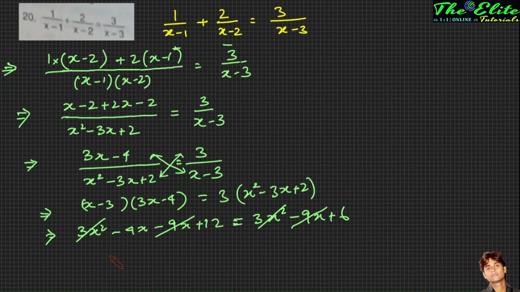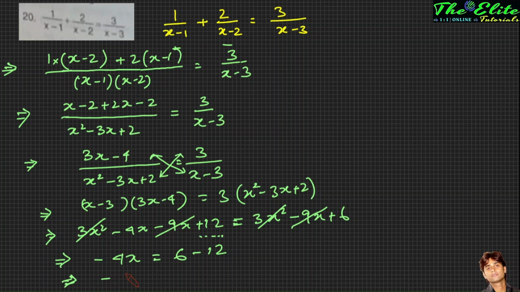So what is left is minus 4x on the left hand side, and on the right hand side it is 6, and this plus 12 we want to transpose to the right side. So what will it give? Minus 12.